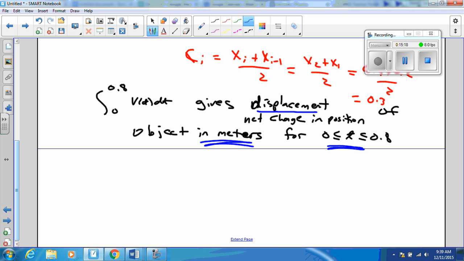So since velocity is the derivative of position, adding up the rate of change in position, accumulating the rate of change in position, automatically, the fundamental theorem gives me the net change in position. Does that make sense? So that language works for any antiderivative, definite interval that you wish to represent. Is that better?